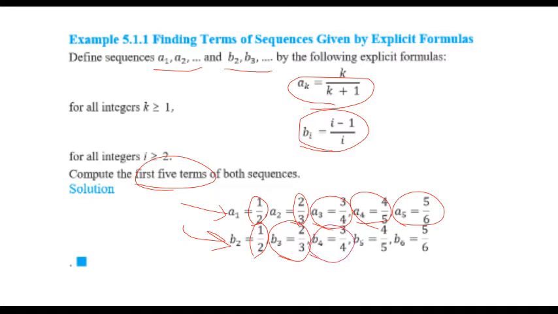B4 is 3 over 4. B5 is 4 over 5. And B6 is 5 over 6. So as you see, the index of b is equal to the denominator, while in the previous example the index of a sub k was one less than the denominator.